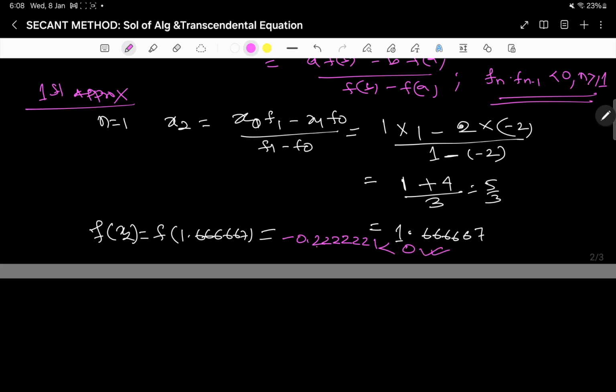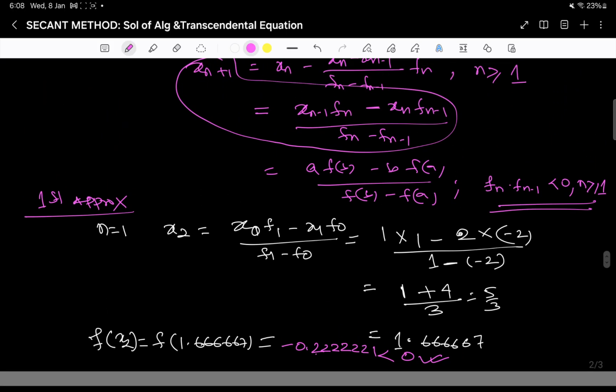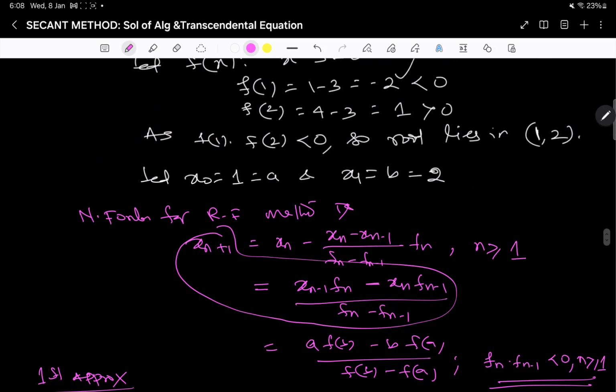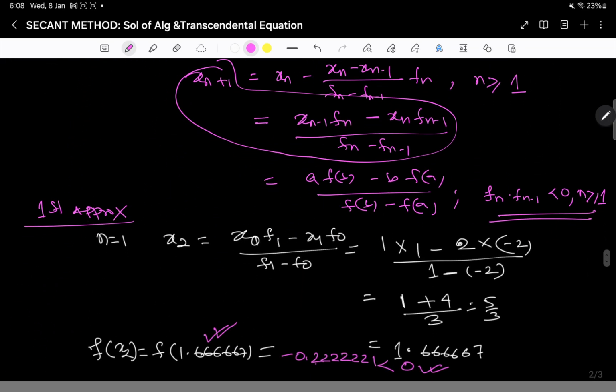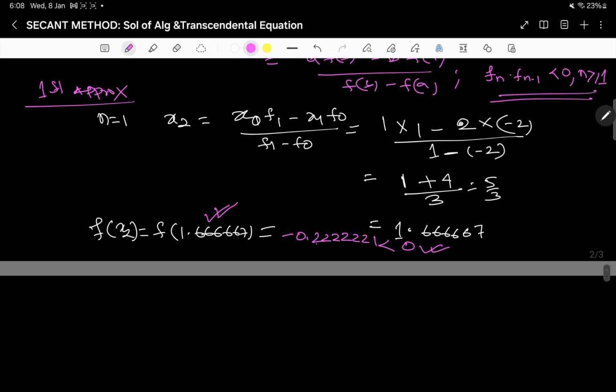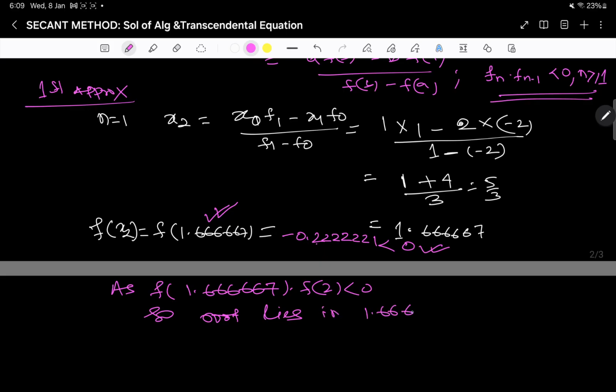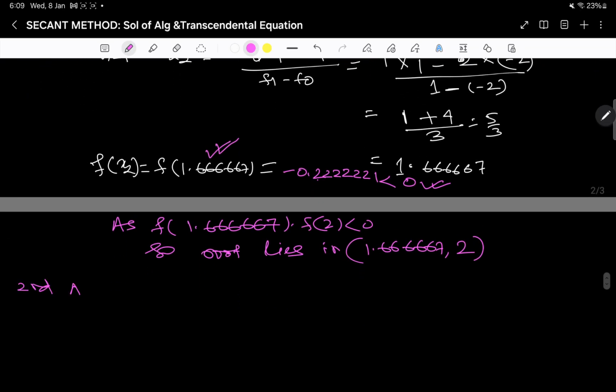Since this is negative, we have to search for the immediate positive value. At this point it is negative, and the immediate positive value is at 2. So the root lies between 1.666667 and 2. So we write f of 1.666667 into f of 2 is negative. So the root lies in 1.666667 comma 2.